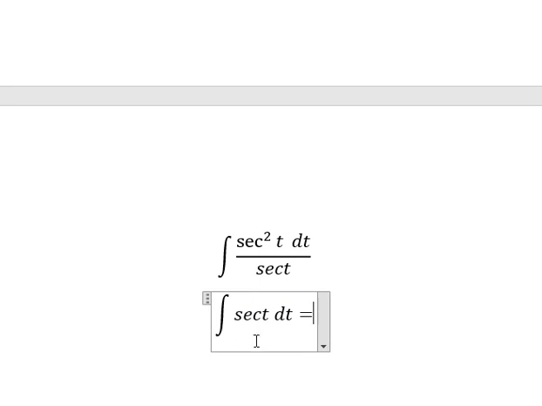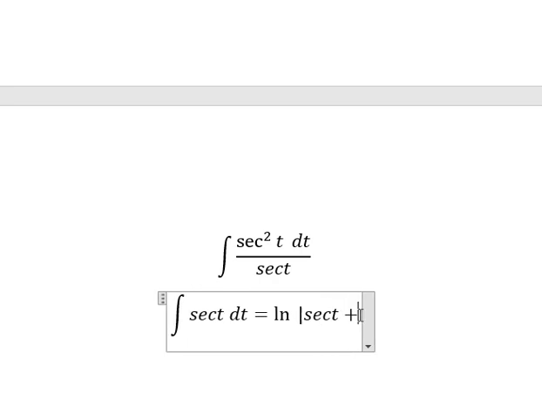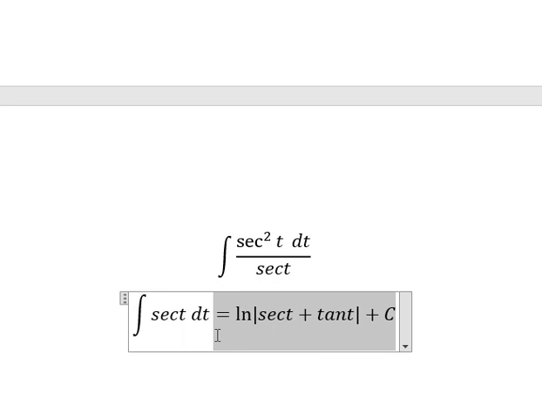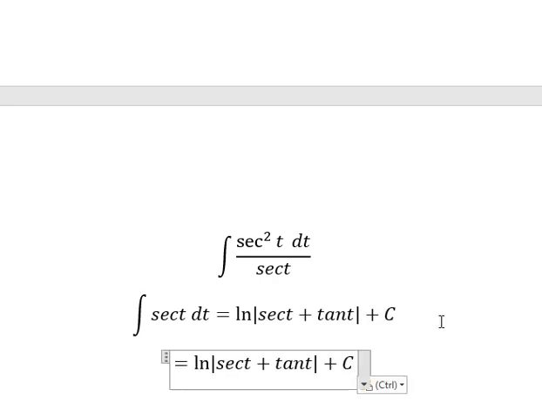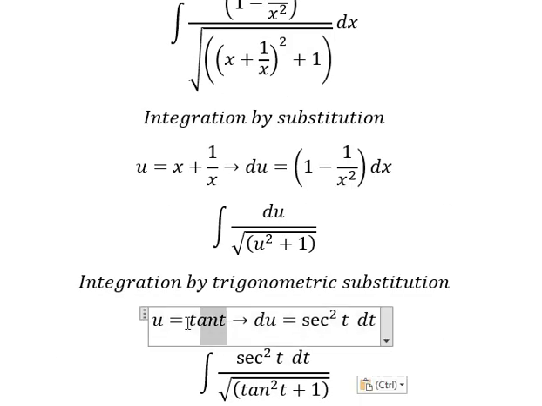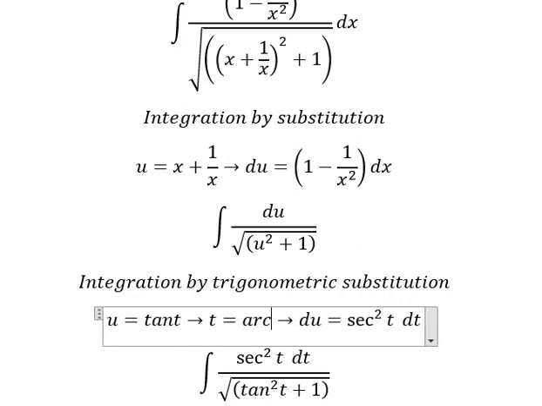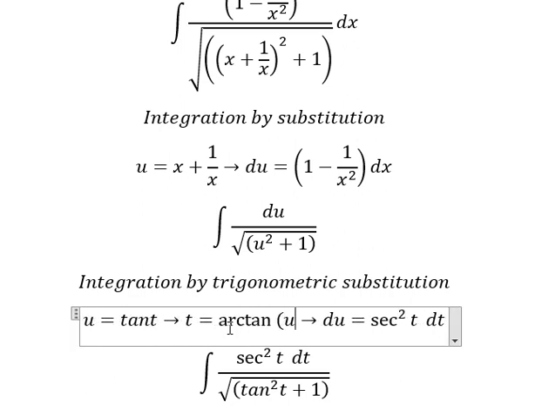The integration of this one, we have Ln of the absolute value of secant of t plus tan t, and I will put plus c. About t, we need to find the value of t equals arctan of u.